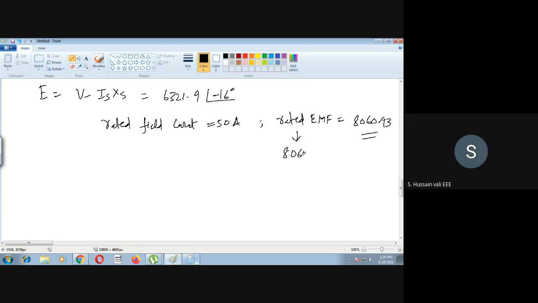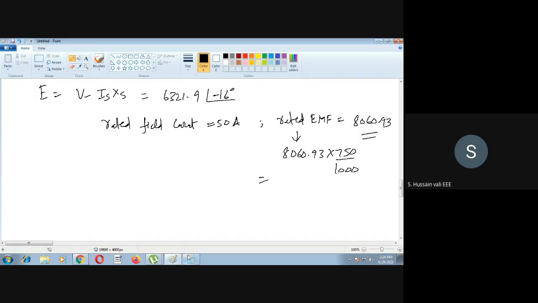8060.93 into 750 by 1000. Why I am doing this is that the EMF has a relationship with the speed, just like the EMF induced in the DC machine, which is phi Z N by 60 into P by A. This is the equation for the EMF induced in the DC motor, so a similar expression we can take here also.